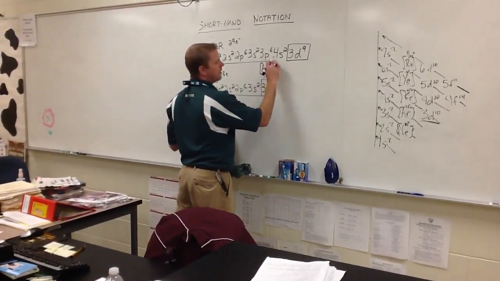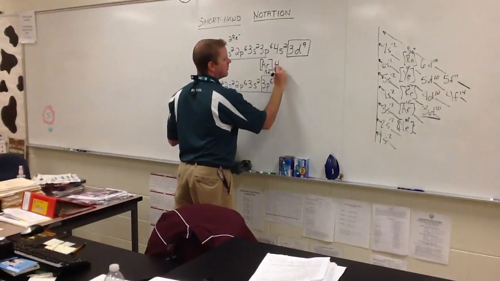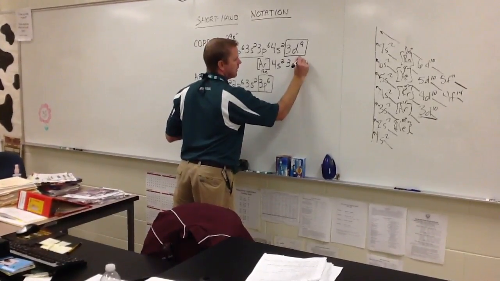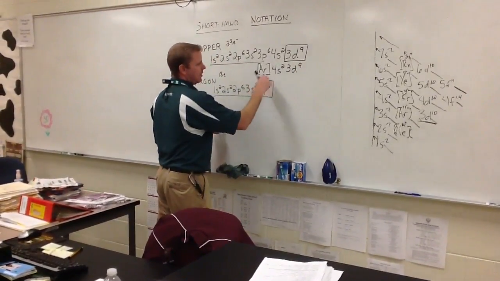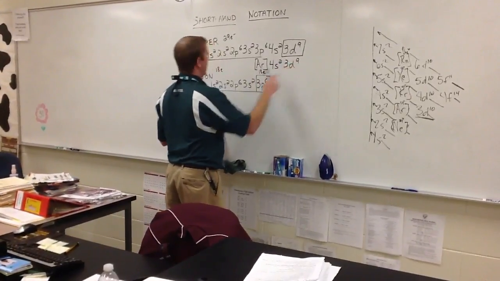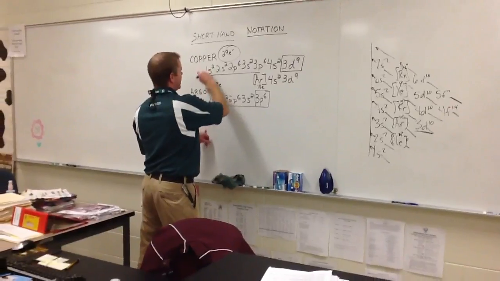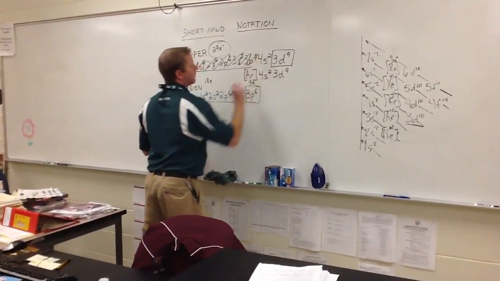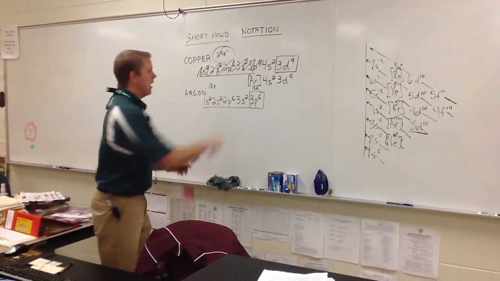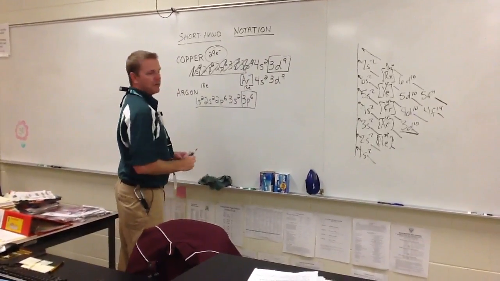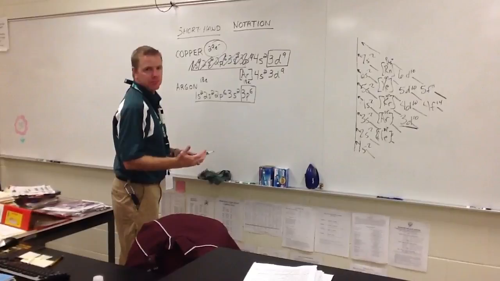Then all you have to do is start with the next thing, which is 4s2 and 3d9. 18, 20, 29. 29. So the cool thing is you get to skip all of that, because argon stands for this. And that's noble gas, or shorthand notation.